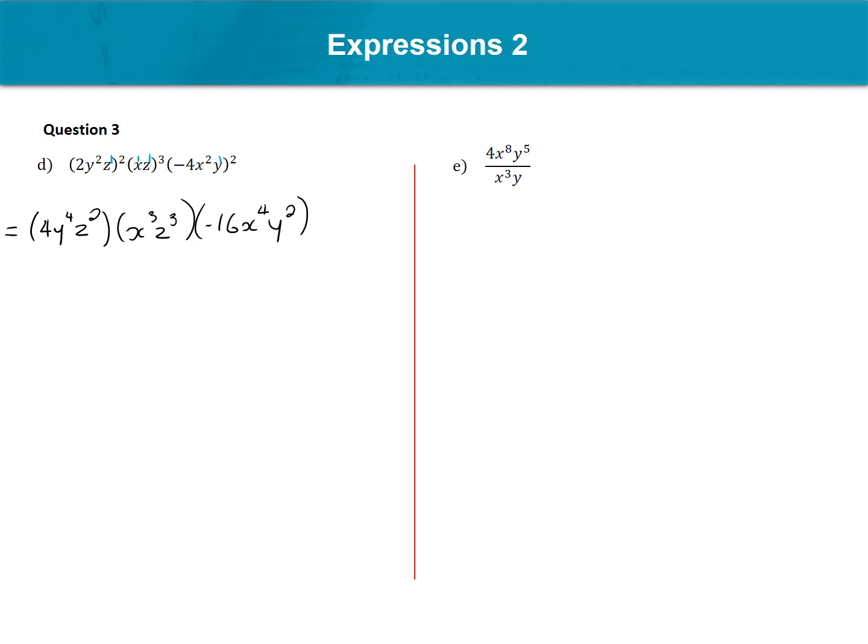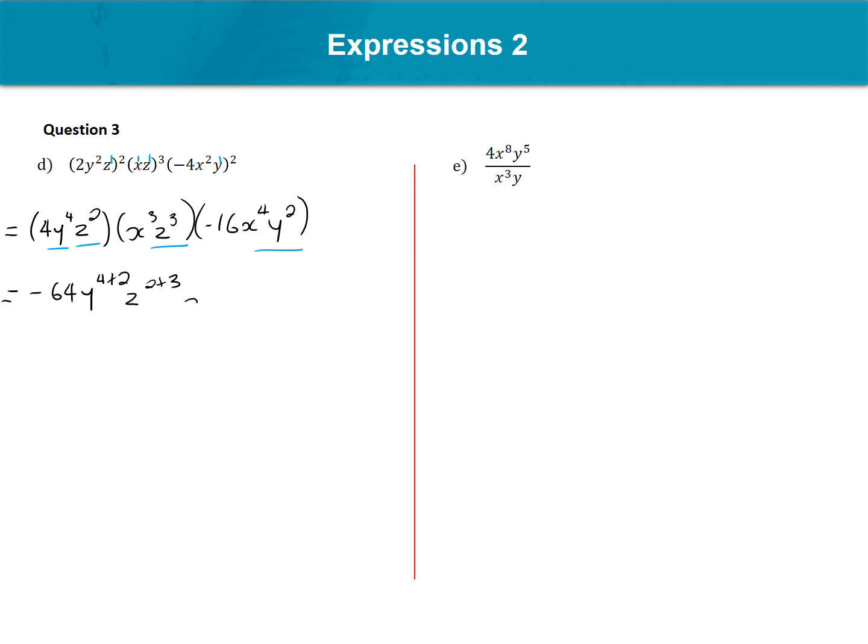Now we are multiplying, which means we're adding exponents. So we are going to have a 4 times minus 16, which is going to give us minus 64. y to the power of 4 plus 2, because we have a y here and we have a y here. And then we have z to the power of 2 plus 3 with this z and that z.